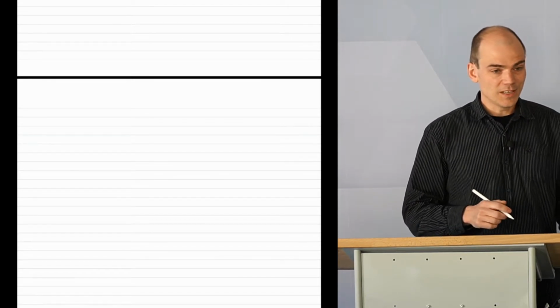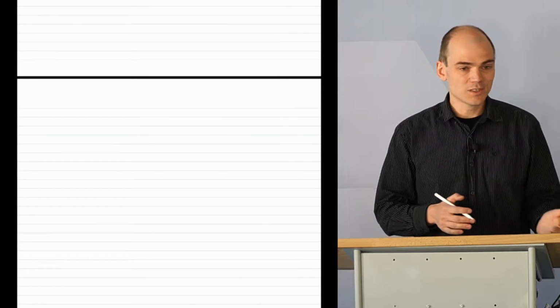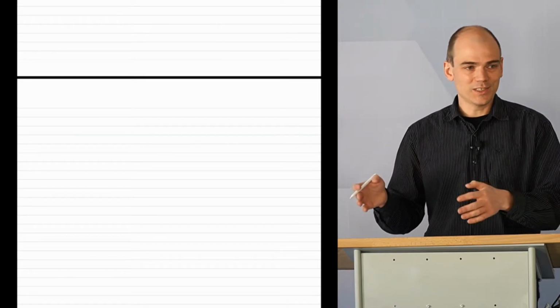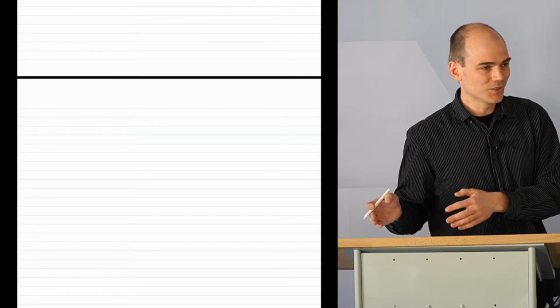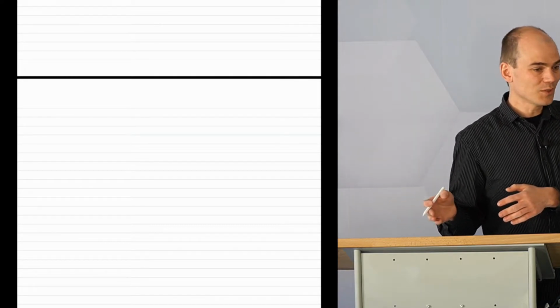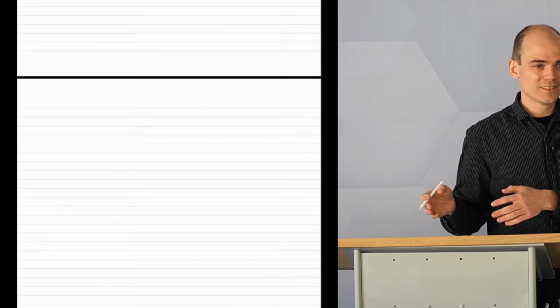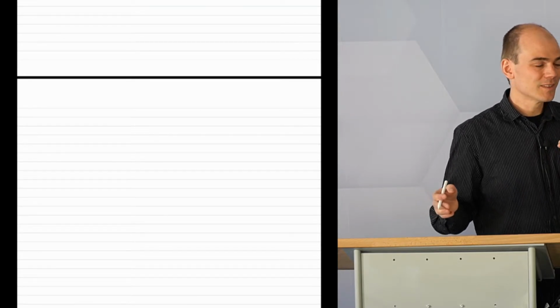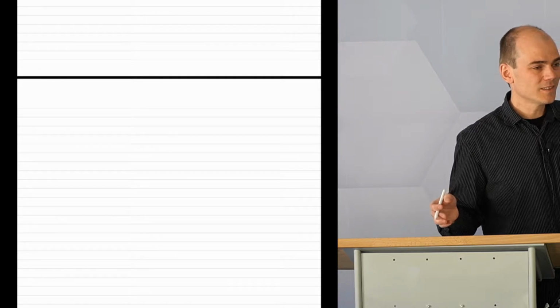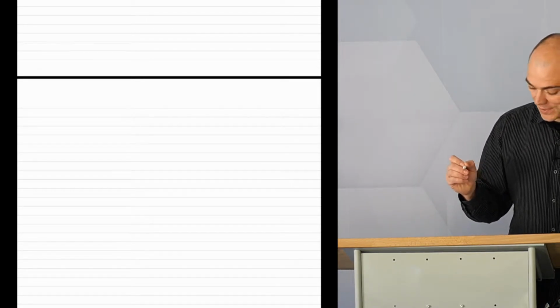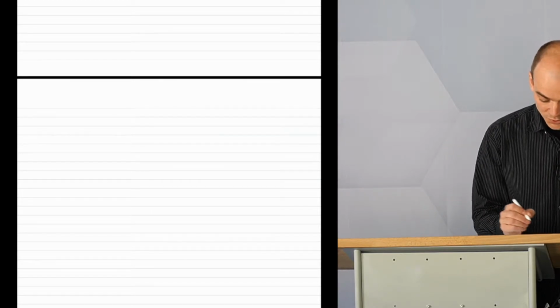As a consequence, we no longer measure length in meters, but we have a different length unit. Does anyone remember what an atomic length unit is? Yes, the Bohr radius. Wonderful.